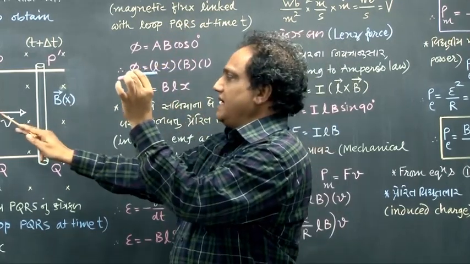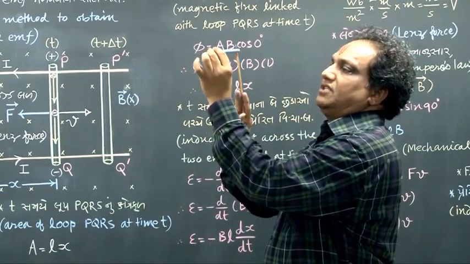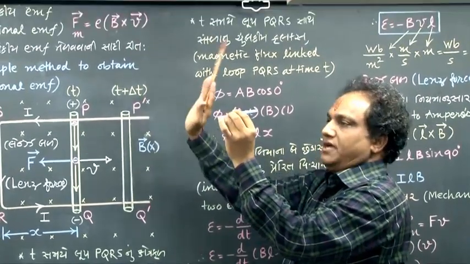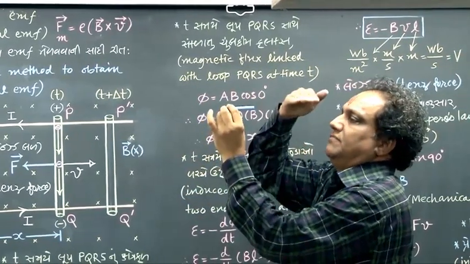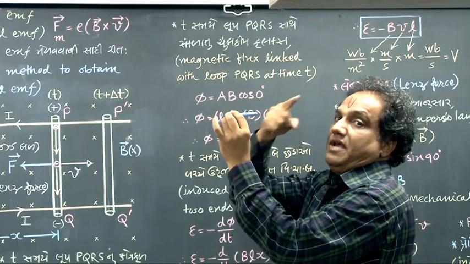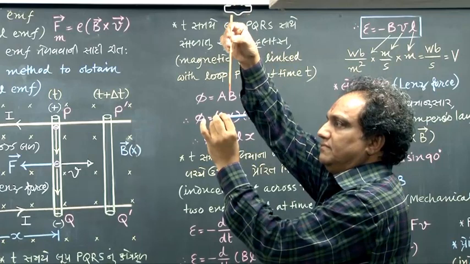Vector V is toward the right-hand side, let it be this vector. And now I want vector B cross vector V. Think of a plane passing through these two vectors. That plane is this, and I should imagine a right-handed screw perpendicular to this plane.